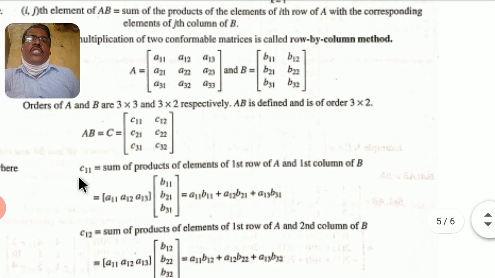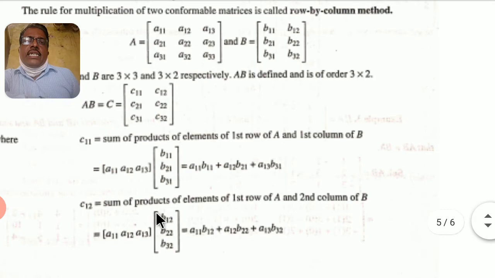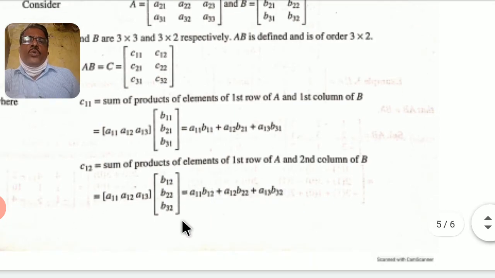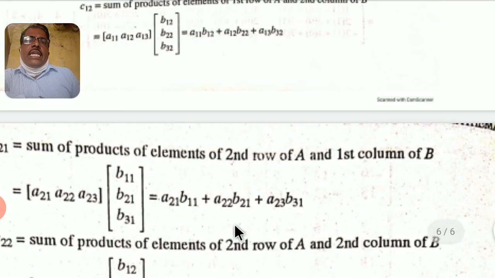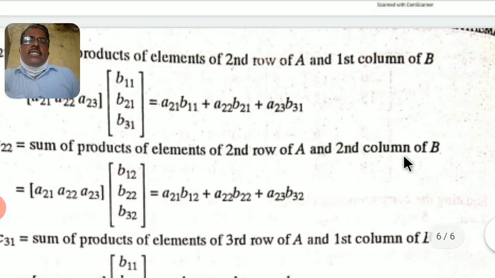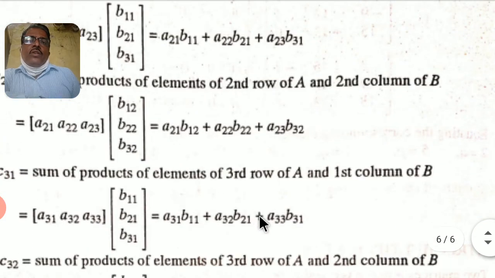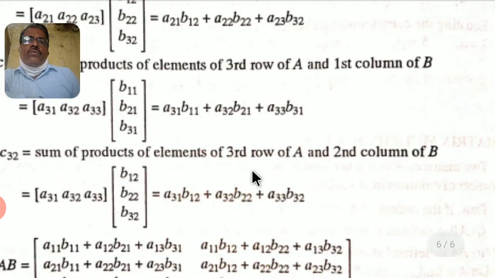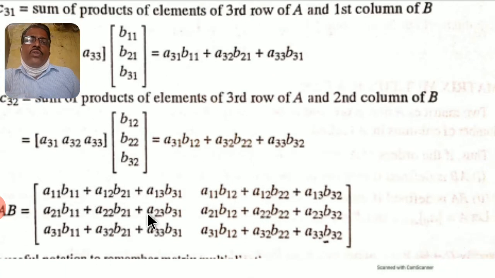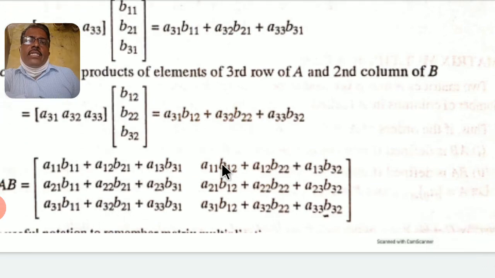So in this example the first one becomes the element C11, the first element of the first row. Next, this is the second element of the first row, and so on, like that, this is the first element of the third row, and this is the second element of the third row. So therefore we write all these elements in this way.